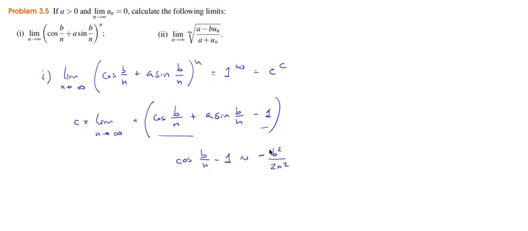So then we can separate the limit in two terms. So this is the limit when n goes to infinity of n times the cosine of b over n minus 1, and then plus the limit when n goes to infinity of n times a sine of b over n.